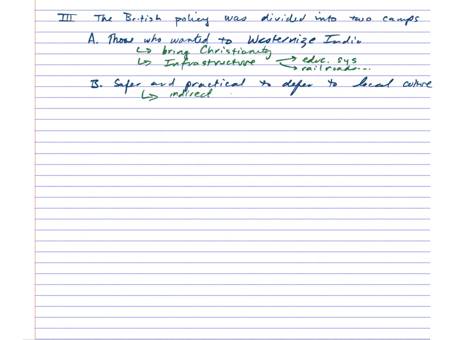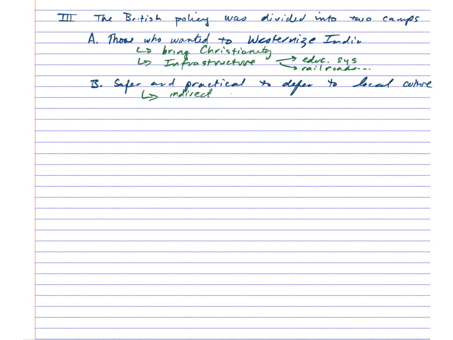So we're talking about the British policy being divided into two main camps. A, those who wanted to westernize India, and B, those who thought it was safer and more practical to defer to local culture. In the first group, what we're talking about is bringing Christianity and infrastructure.